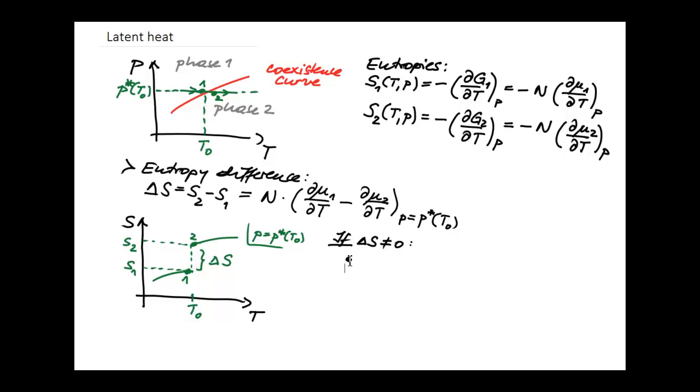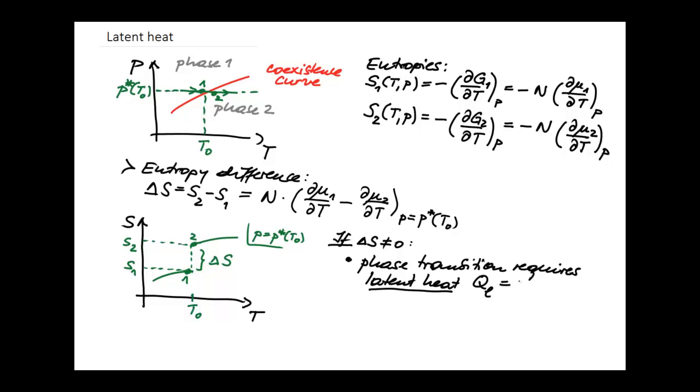You remember the infinitesimal amount of heat, delta Q is TdS, or the finite version: delta Q, the amount of heat that you require, is T times delta S. So in order to go from phase 1 to phase 2, you require an amount of heat which is equal to this transition temperature, T naught, times this difference in entropy, delta S. So if this delta S is different from 0, then the phase transition requires heat, and this is called the latent heat, QL.